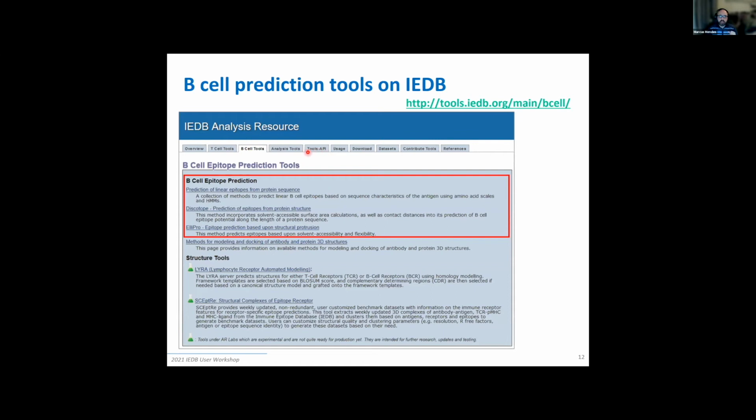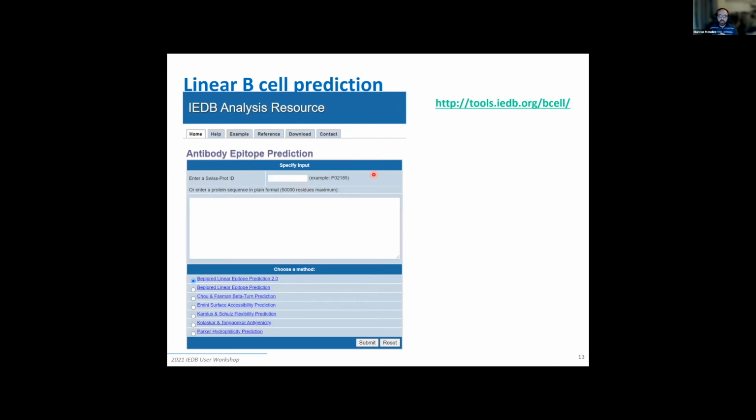If you want to start using the linear prediction, you can click over here on the first link. You're going to open this layout. I guess everyone here is already familiar with it because it's quite similar to the layouts of other tools. Here you have this white box where you can paste the sequence of your protein.